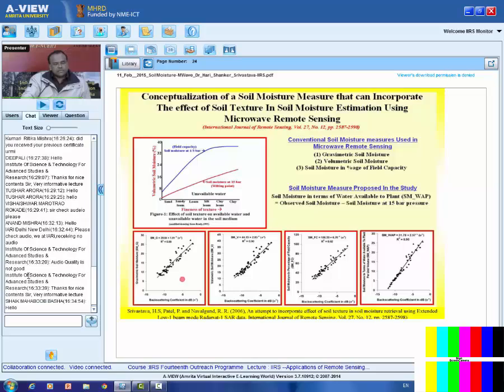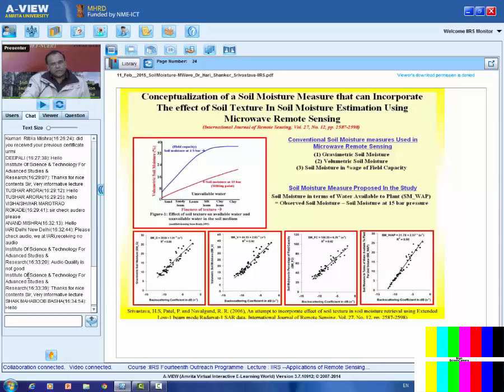And this results in change in backscattering also. What I mean to say, if the soil moisture of a sandy field and a field which has high clay content is the same, we will get slightly lower backscatter for clay soil, because in clay soil the proportion of bound water is much higher as compared to sandy soil.